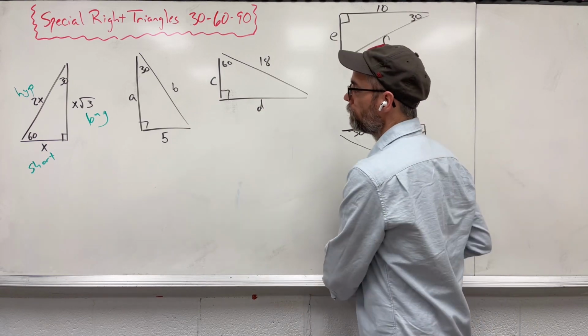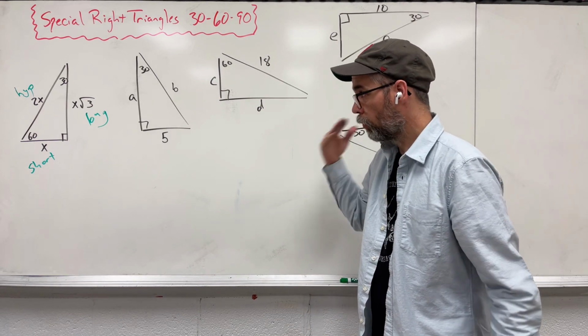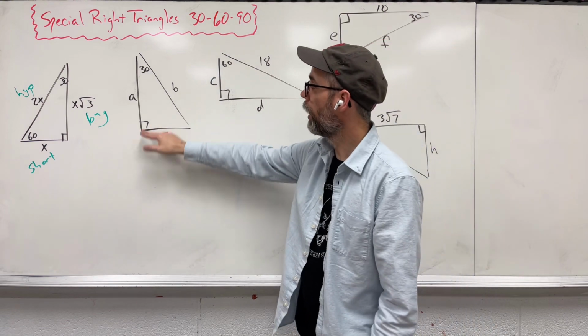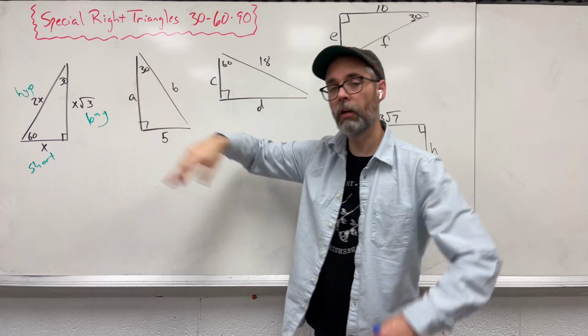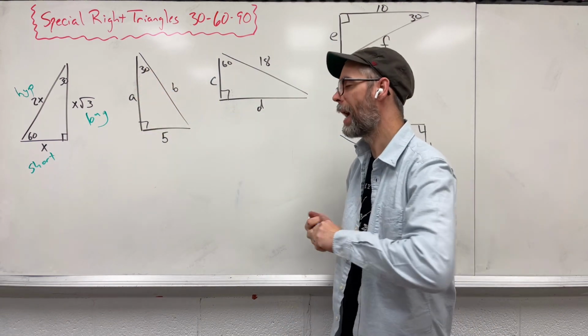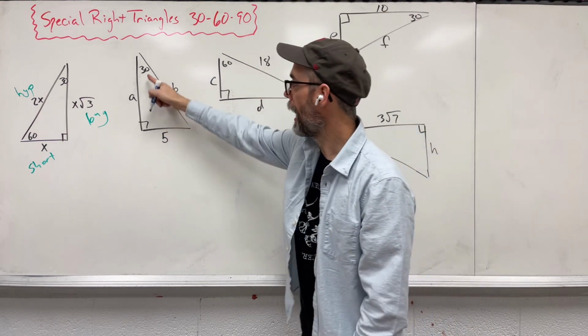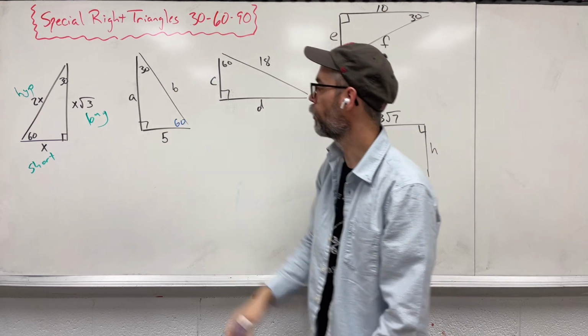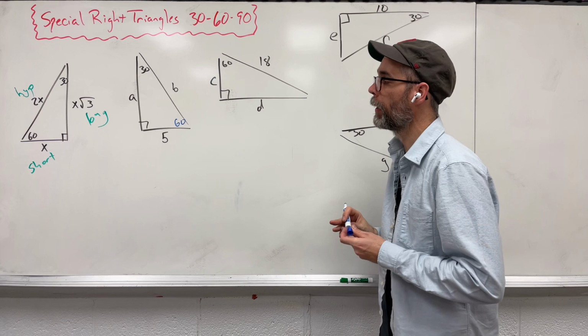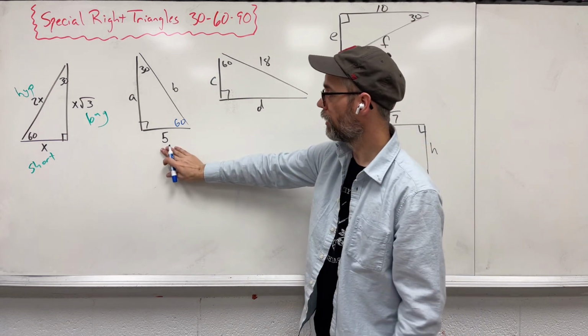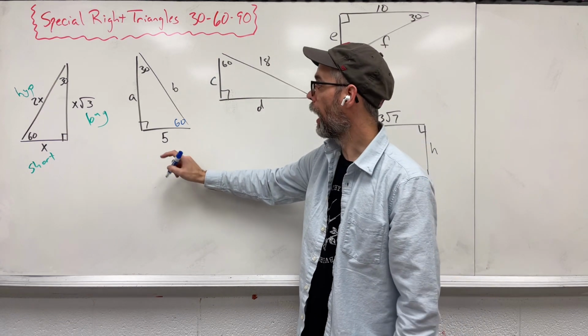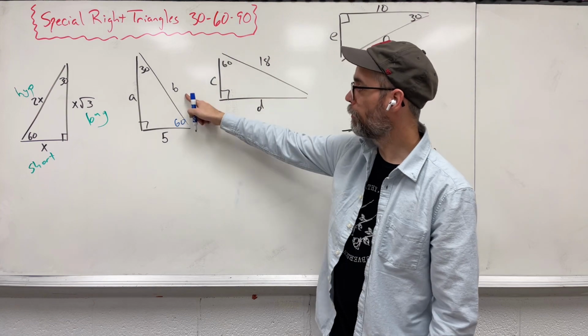Okay, so within our triangle, I have a right triangle. I know I have 30 degrees here. Within a triangle, everything has to add up to 180. Add these two up, and the last thing we're left with is 60. Cool. We know, in this case, the short leg. I want to figure out what my hypotenuse is.